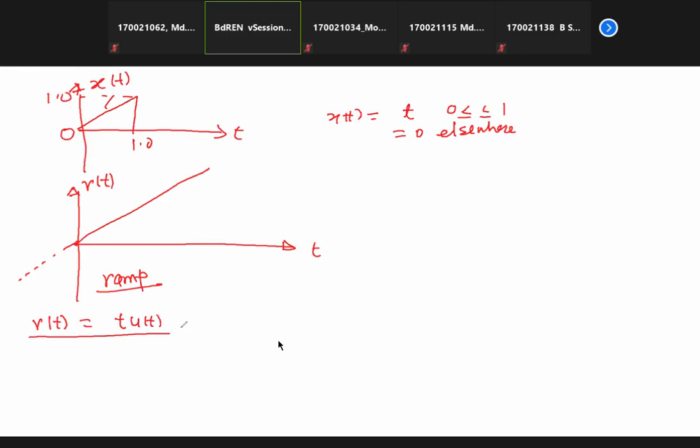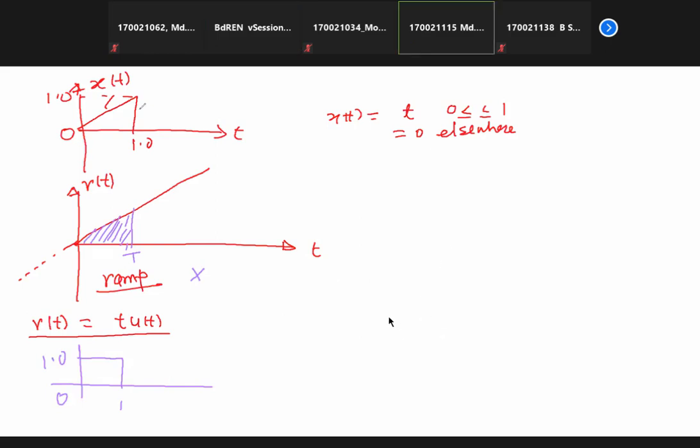Now, if we want to find, for example, this portion of your ramp out of this signal, this portion at t, we want this, okay? Then how can we do that? If we multiply this signal by a pulse, something like this, with duration equal to 1 and amplitude equal to 1, your signal will be this, isn't it?